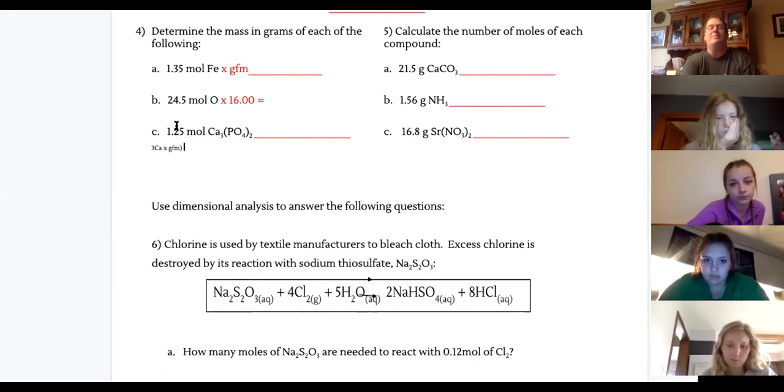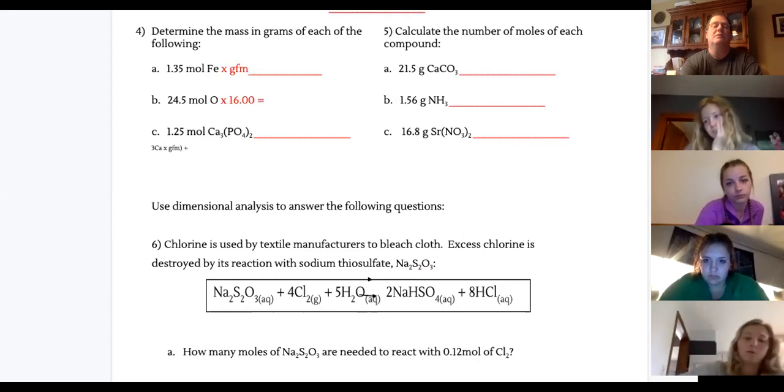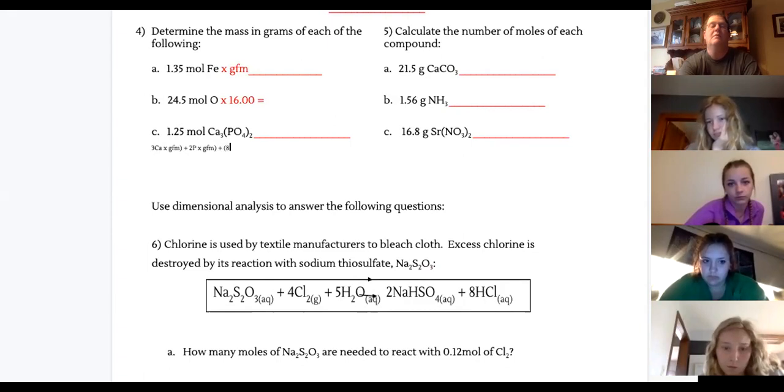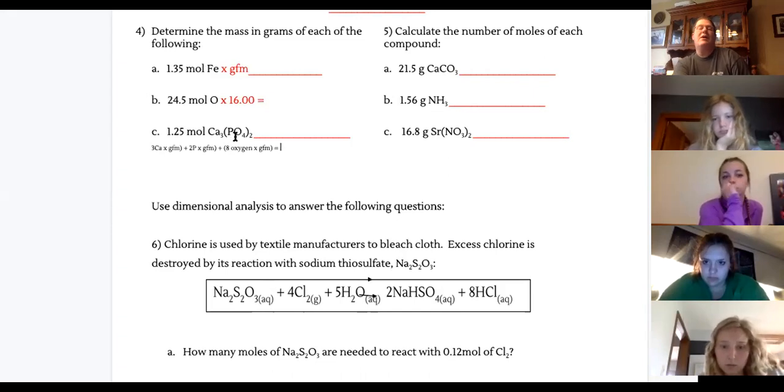You have to add all that up and then multiply it by 1.25. And that's all you have to do for number 5.